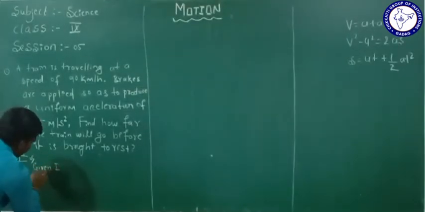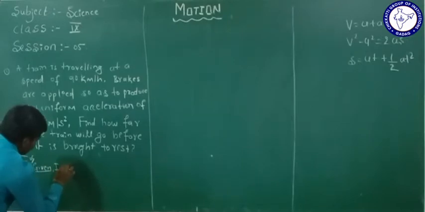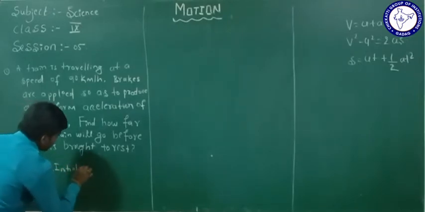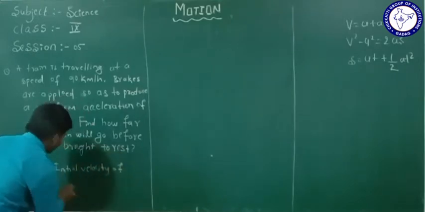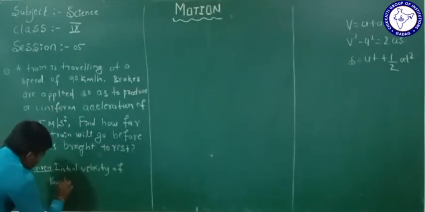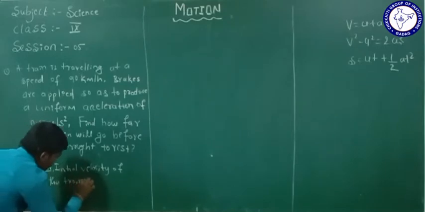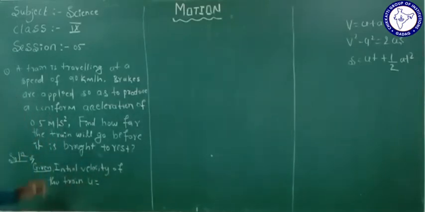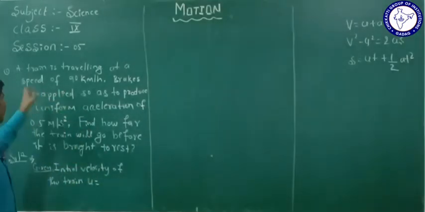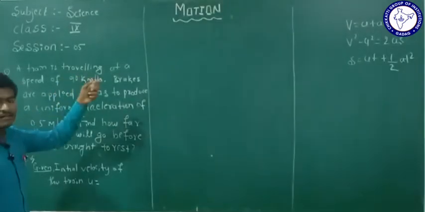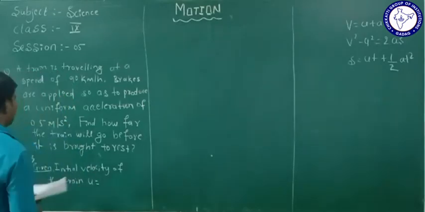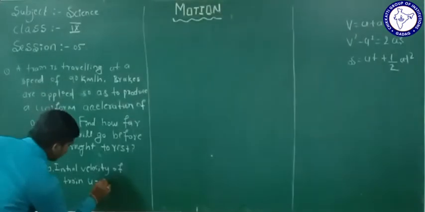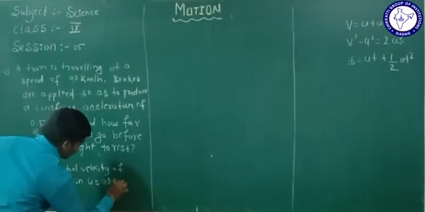Given initial velocity of the train u is equal to, I am taking the initial velocity of the train as 90 km per hour, because after 90 km per hour we are going to apply the brakes. So here the initial velocity is 90 km per hour.